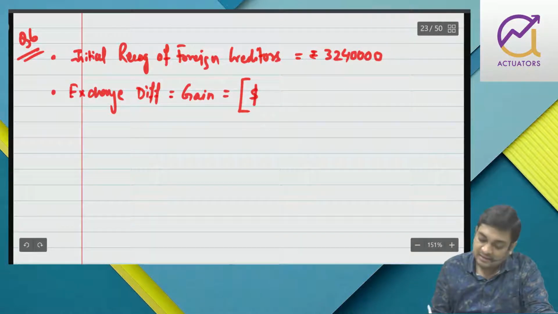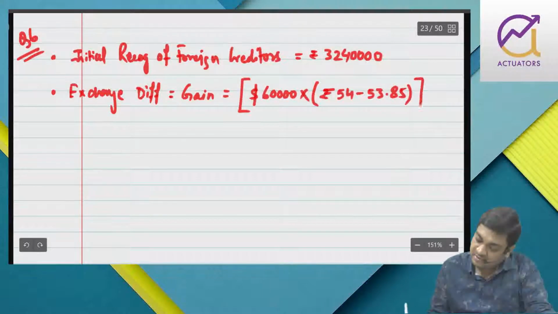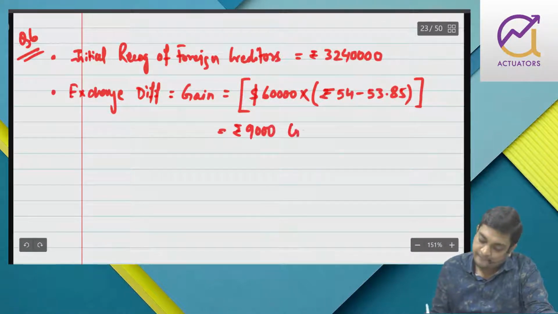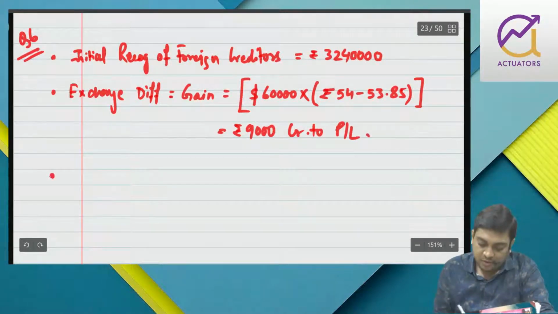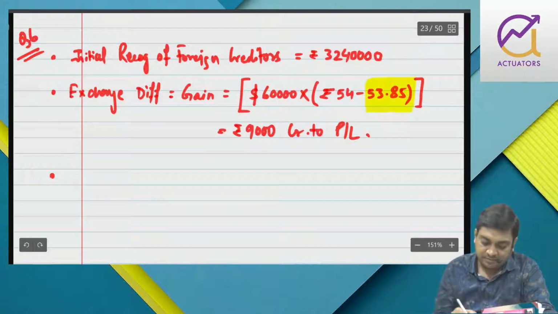It is like $60,000 into 54 minus 53.85. That comes to 9,000 credited to PL. Now the foreign creditor is revalued at 53.85.